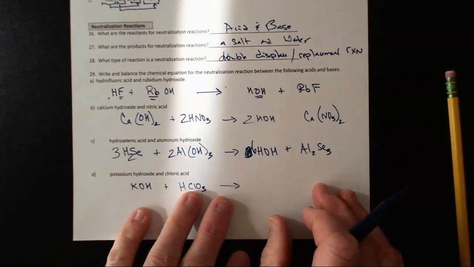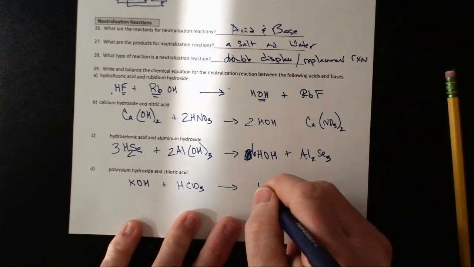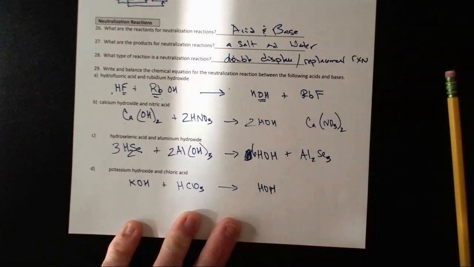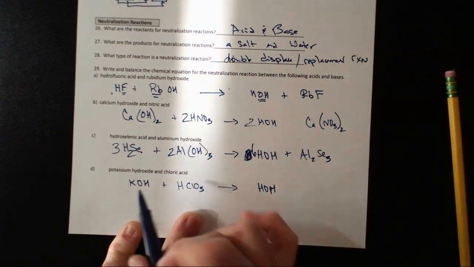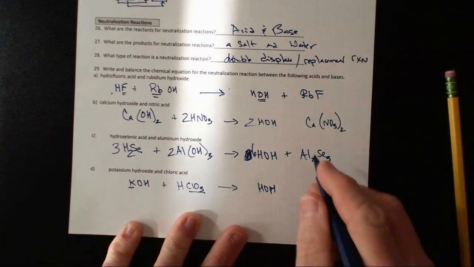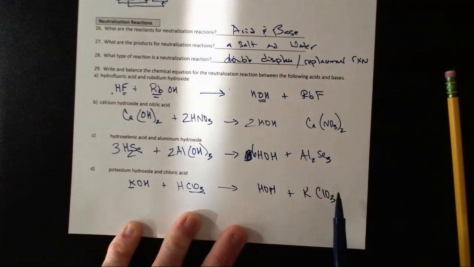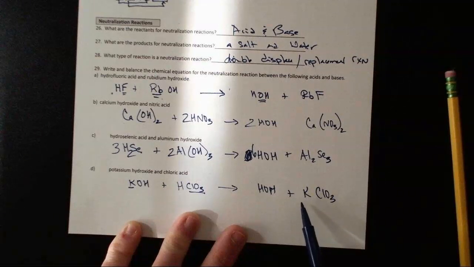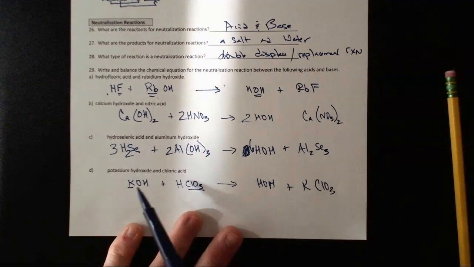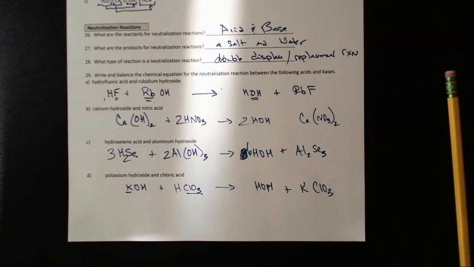Now let's see if we can figure out what everything is. Of course, I've got my water, and then my cation and my anion, so plus potassium chlorate. Well, chlorate is still -1, potassium is +1, so there you go. That's correct. Now since everything was 1-to-1, that should be in balance.